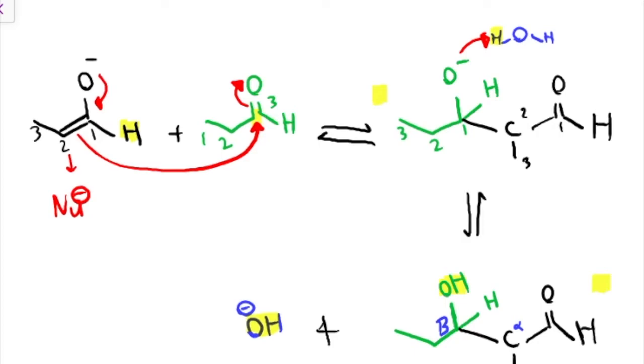And lastly, the enolate of the aldehyde reacted with the same aldehyde. So the aldehyde reacted with itself, and this is called a self-aldol addition.